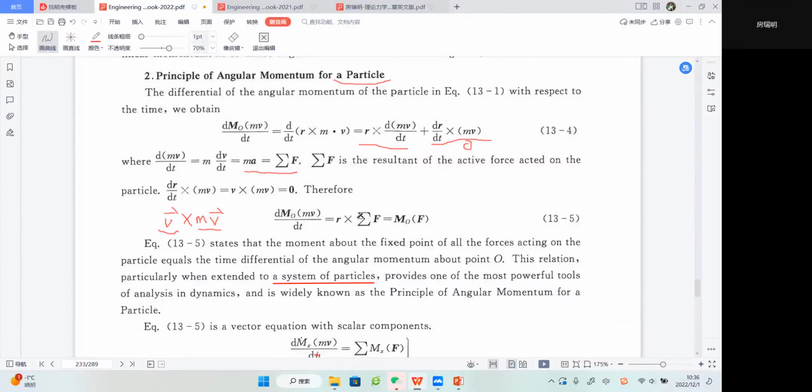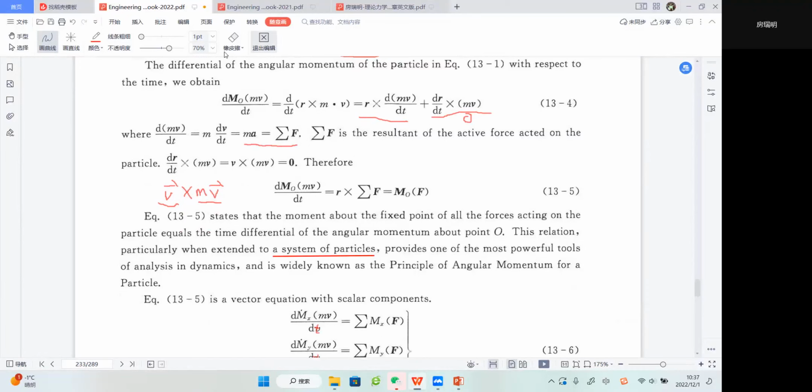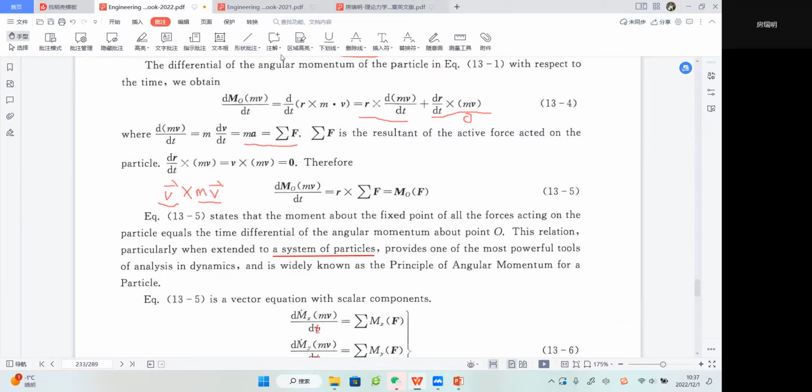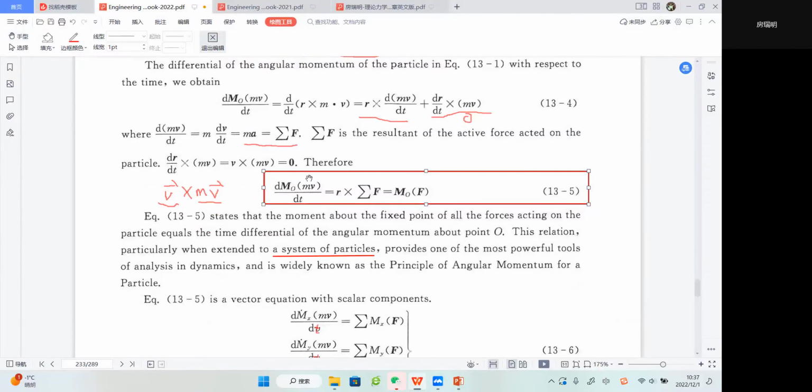And this one is all the forces acting on the same particle, its resultant force F, and its moment about the same point O. So that is the principle of angular momentum for a particle. It's just deduced from Newton's second law, right? This one is very important for us to understand, so maybe we should highlight it.